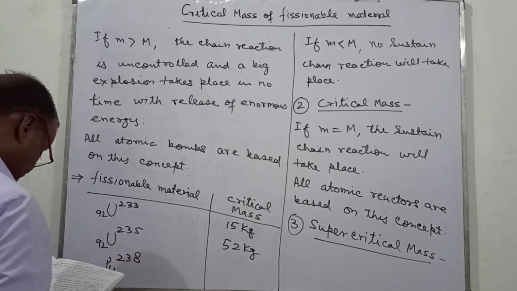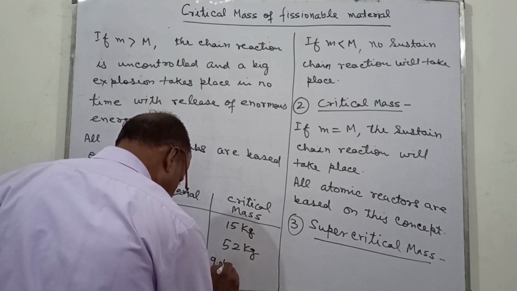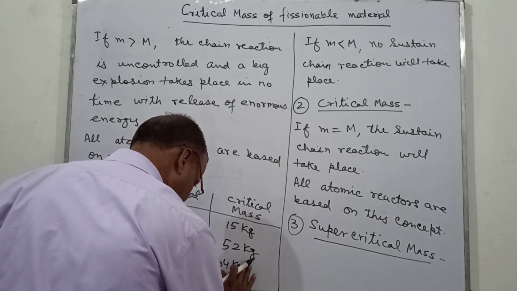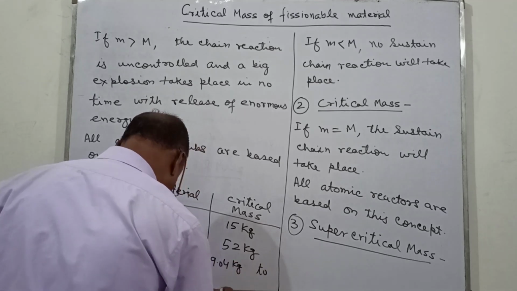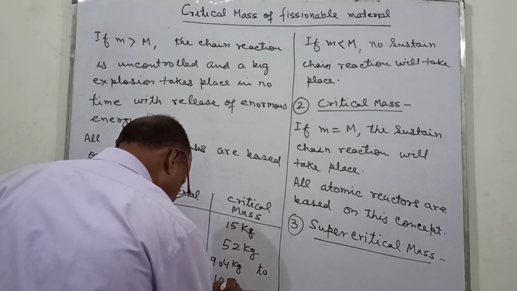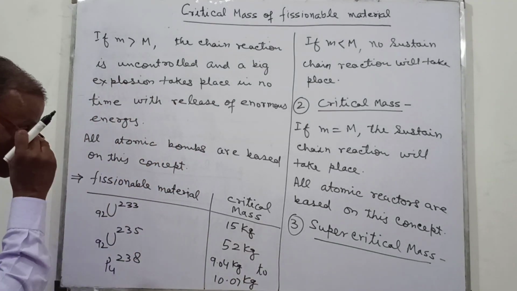Its critical mass is 9.04 kg to 10.07 kg. This is about plutonium.